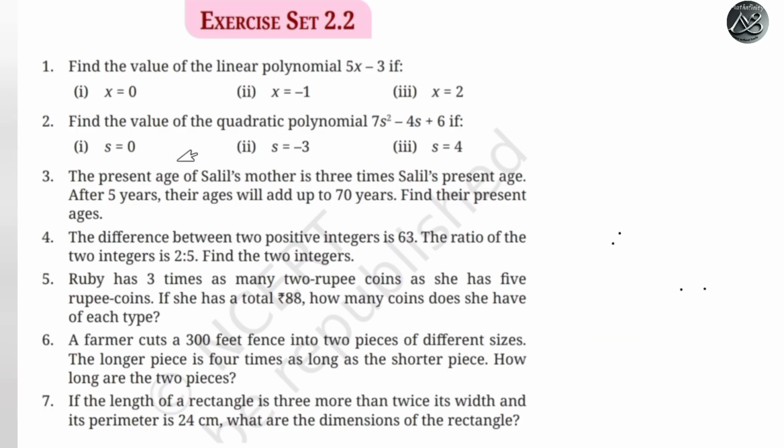Second question. Find the value of the quadratic polynomial 7s square minus 4s plus 6 if s equal to 0, s equal to negative 3 and s equal to 4. That is, we need to find the value of this quadratic polynomial.